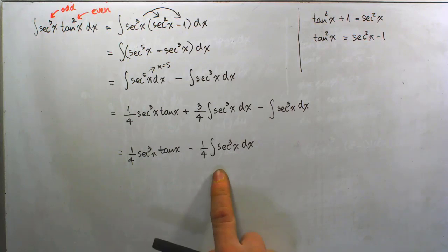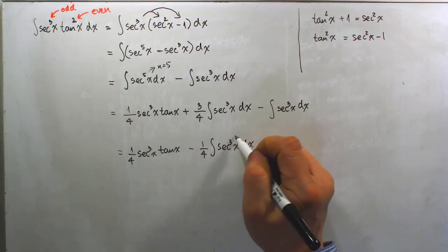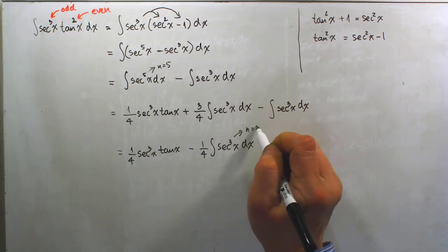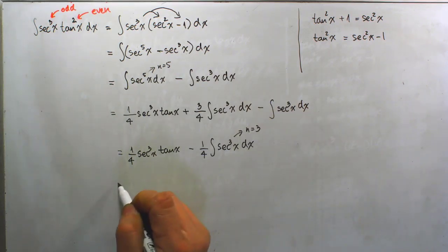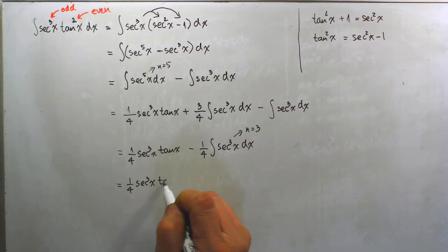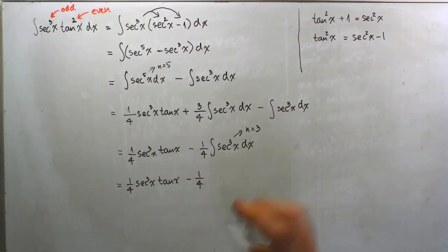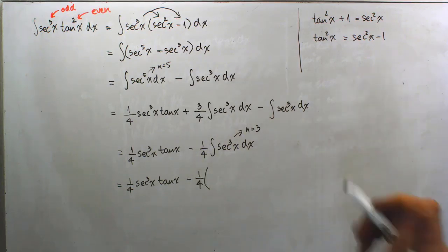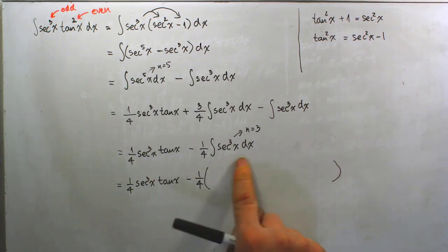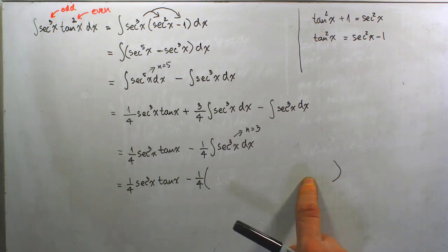Now I can once again use the power reduction formula for this secant cubed, taking n as 3. So here's how the next step comes out: 1/4 secant cube of x tangent x, that's the finished term, minus 1/4, and I recommend using parentheses for the power reduction result to be placed inside.